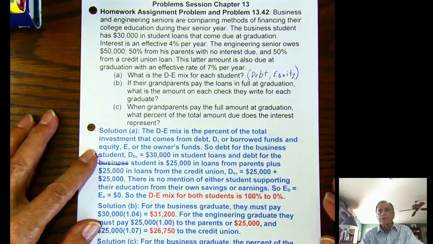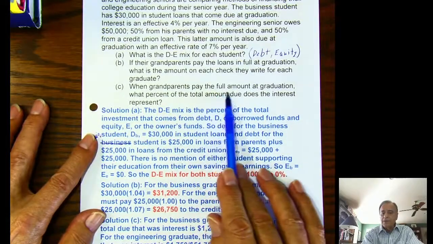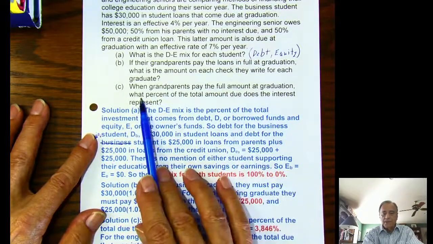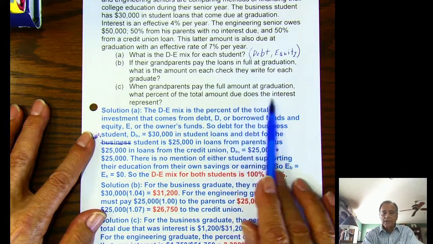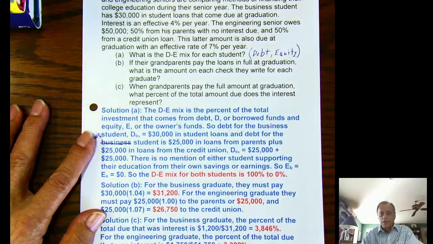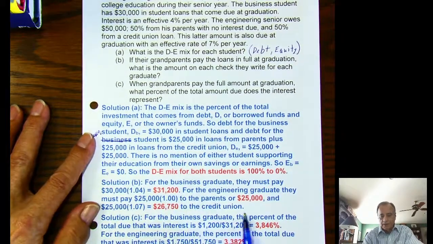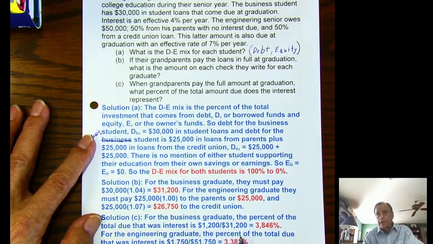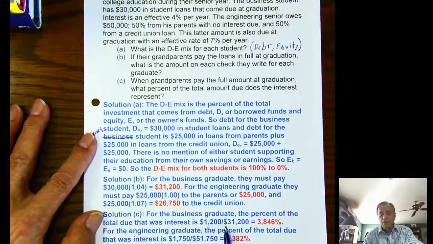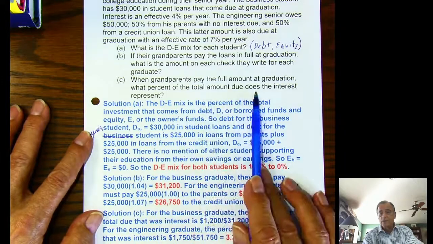And then part C, the question is, when the grandparents pay the full amount at graduation, what percentage of the total amount due does the interest represent? Well, the total amount due is not what they borrowed, it's what their check is going to be. By the way, the answer key did it based on what they borrowed, not what was due, but the question asked based on what was due.